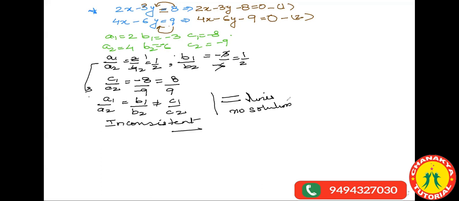So children, have you understood, beta? Just show me your thumbs up, all of you. Ma'am, is there a possibility where a1 by a2 is not equal to b1 by b2 is equal to c1 by c2?